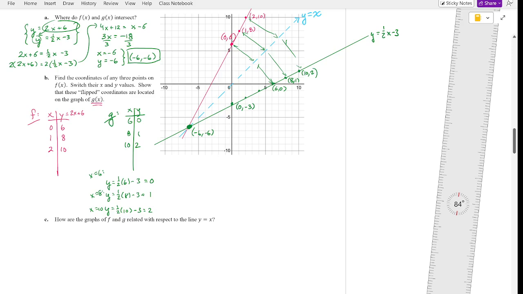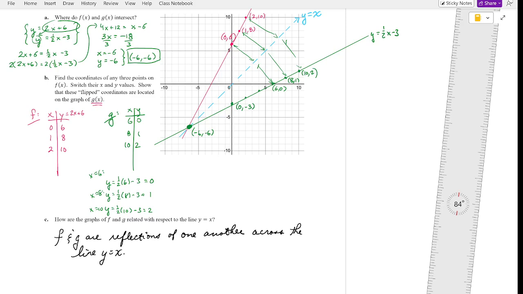f and g are reflections of one another across the line y equals x.